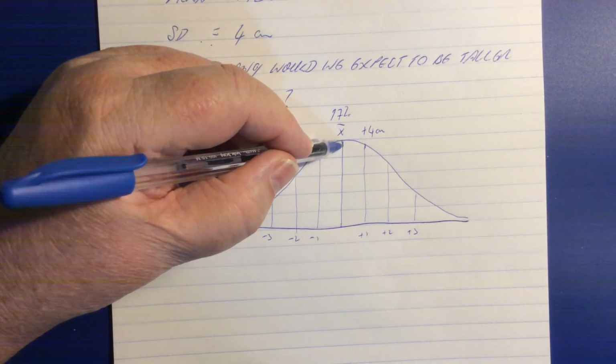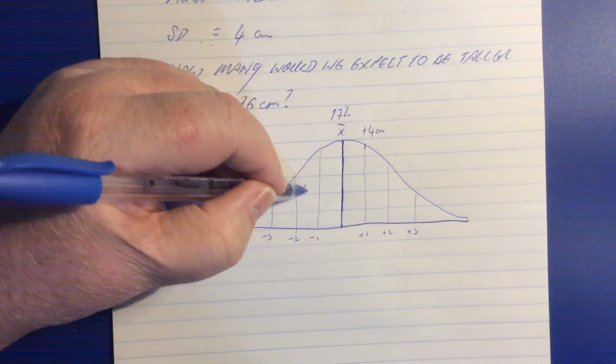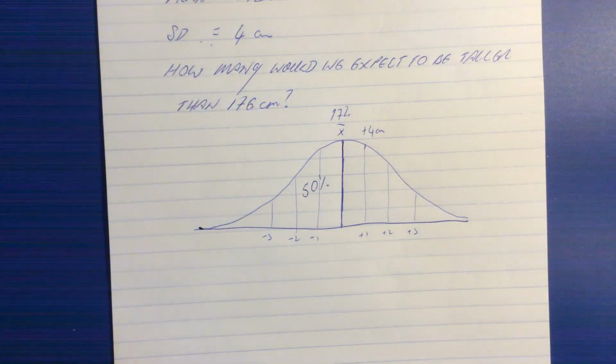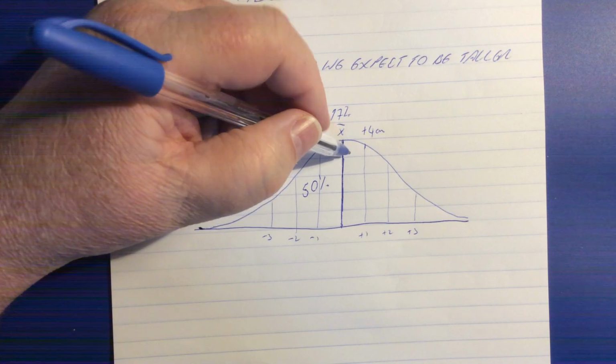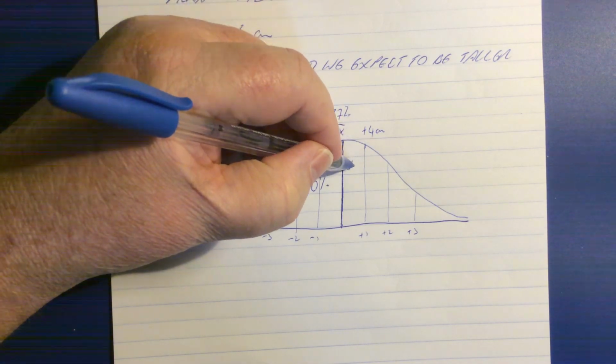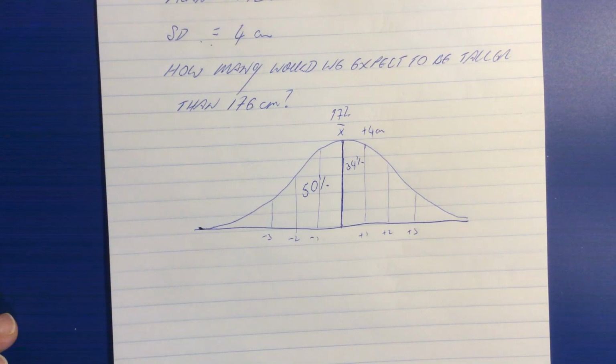We know that on the left-hand side of this line, the mean, 50% of the students should be found if it's a normal distribution. Within 1 standard deviation of the mean, we would expect 34% of students to be found. Again, this assumes a normal distribution.